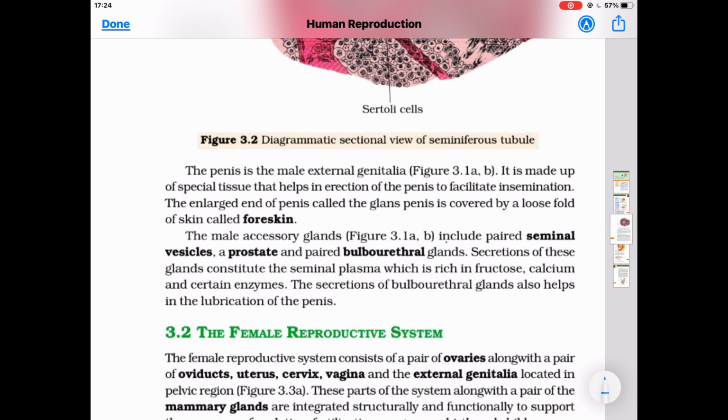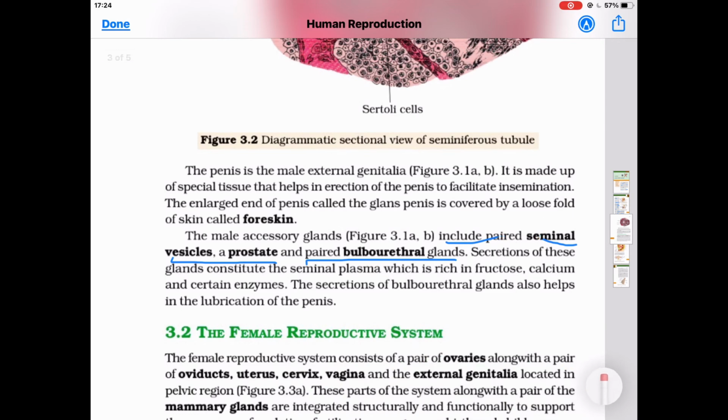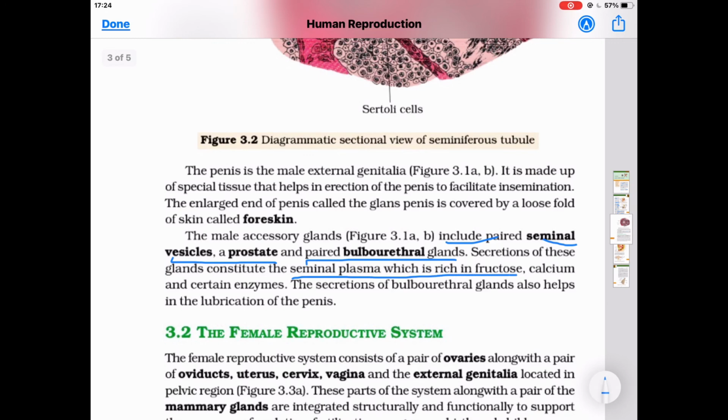The male accessory glands include paired seminal vesicles, a prostate, and paired bulbourethral glands. The secretion of these glands constitutes the seminal plasma, which is rich in fructose, calcium, and certain enzymes. The secretion of bulbourethral gland also helps in the lubrication of the penis.